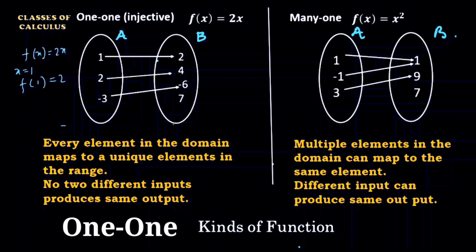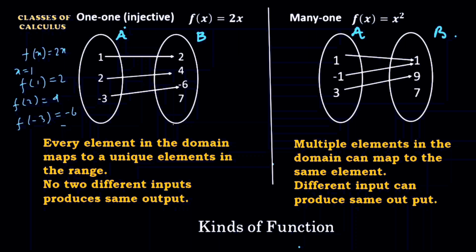Similarly, f(2) will be 4, and f(-3) will be -6. So here you can observe that no two different inputs produce the same output. So it is a one-one function.